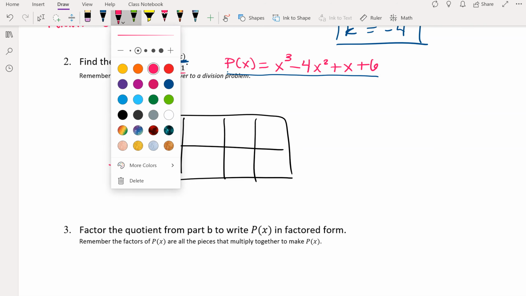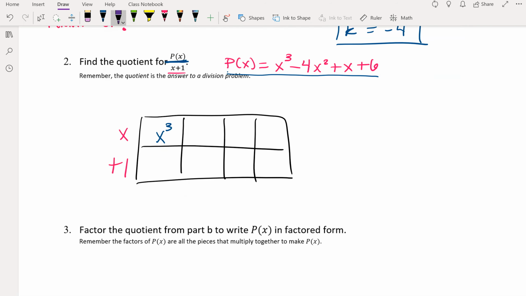And then we have to reverse engineer for the outside of the box. So we have x squared. And then we know that 1 times x squared is x squared. How many x squareds do we see in our numerator? I see -4, so I need -5x squared. We get -5x, and then 1 times -5x, -5x.